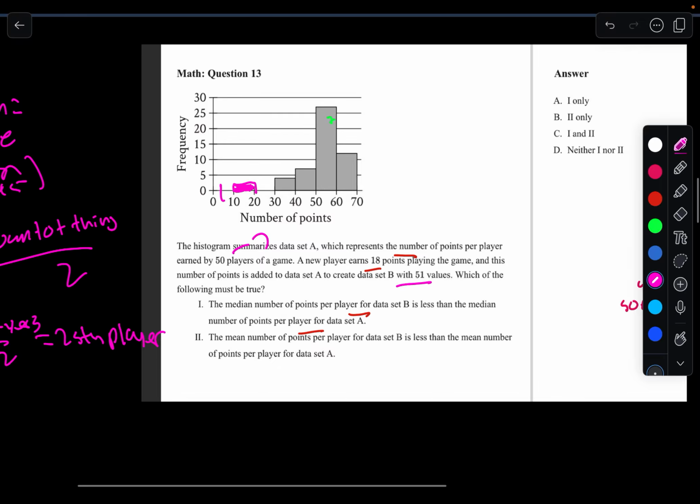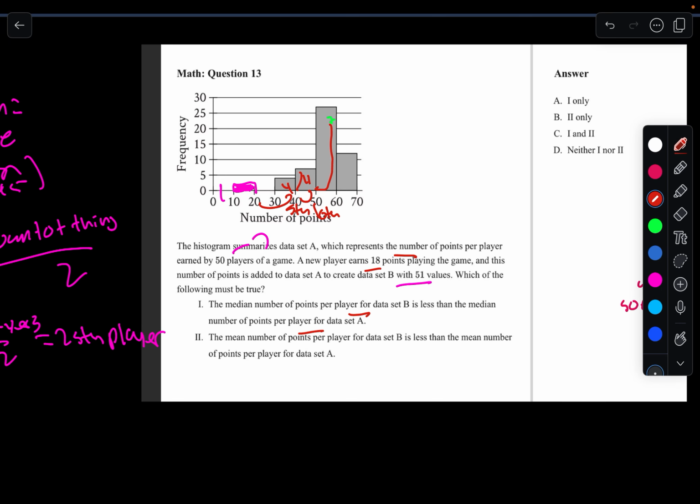Right here, this is the first player. He has 18. There are 4 right here, so that's going to be the 5th player. This is going to be 11, so that's going to be like the 16th.